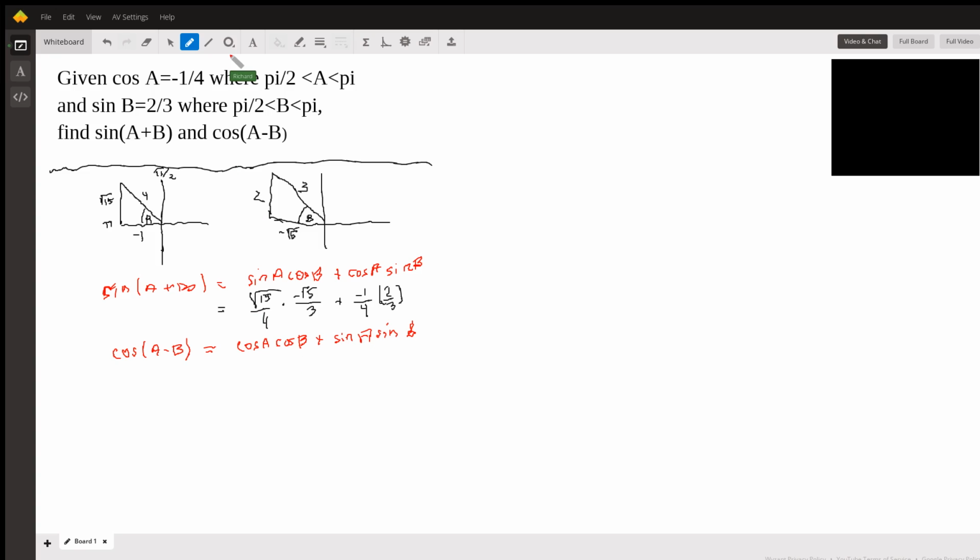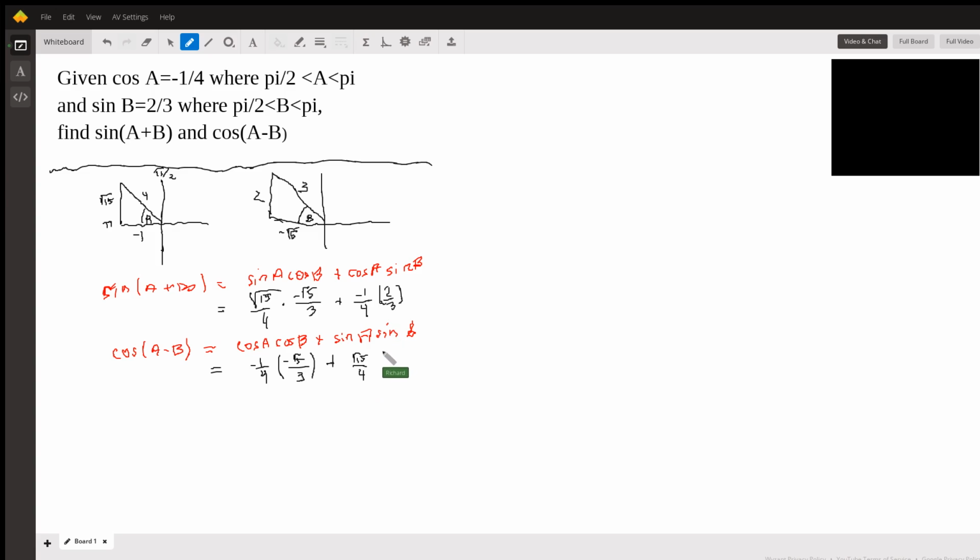Okay, so now we'll just plug this in, change colors to black. So the cosine of A is negative 1/4. Cosine of B is negative root 5 over 3, plus sine of A, which is going to be root 15 over 4.